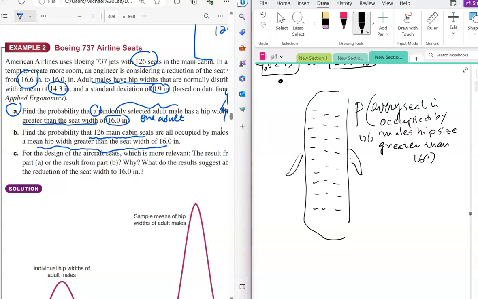So what do we do? This is what the central limit theorem says. This is where the central limit theorem comes in.